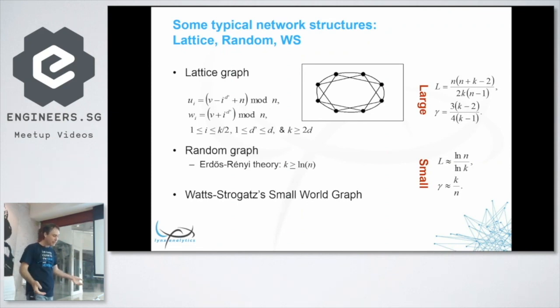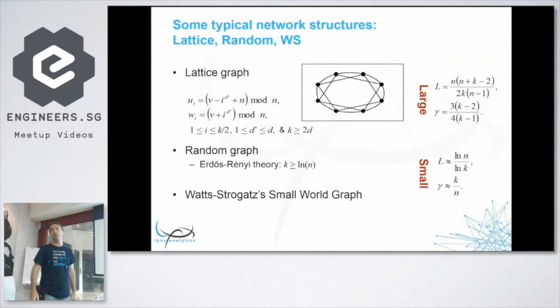And then these two guys, Watts and Strogatz, came with a great idea. They asked: is it possible to construct a graph which has the concentration property from the lattice graph and the short characteristic length from the random graph? And what they did was, I think, very straightforward. They took a lattice graph and started to change the edges randomly. They set the parameters so that they were able to reach a graph like that.